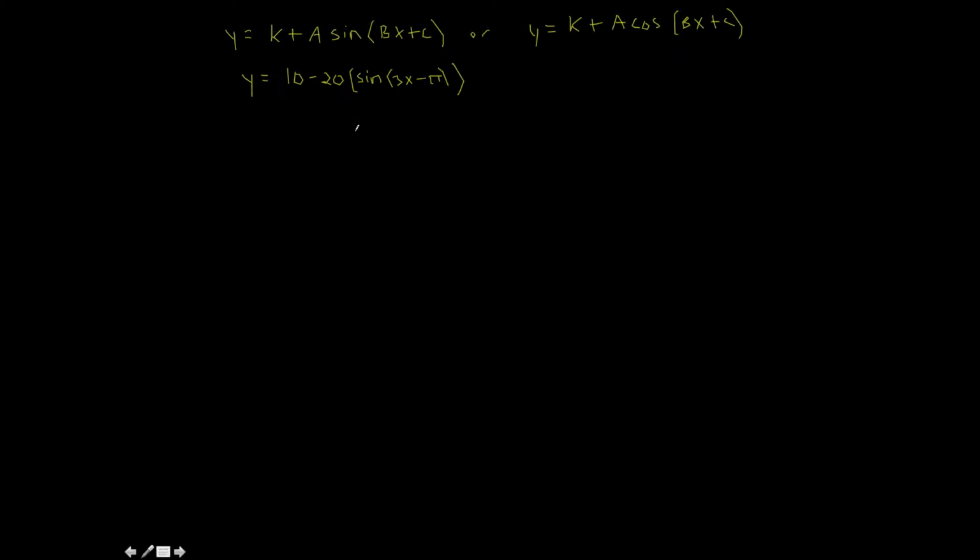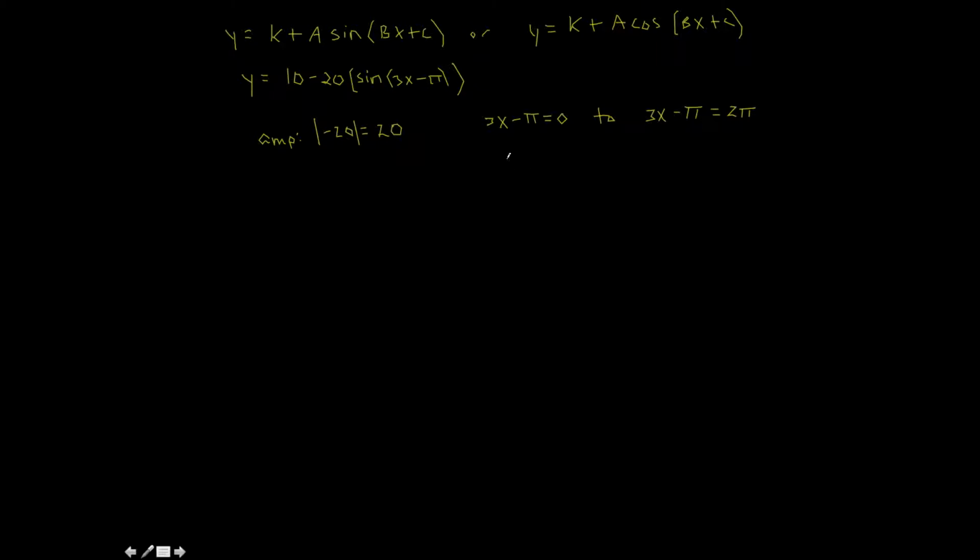Alright, so what is our amplitude here? Well, this is going to be the absolute value of negative 20, which is 20. Okay? Well, what is our period? Well, this is where, again, we have to take our bx plus c. Now, this is sine, so it's going to equal 0 and 2 pi. So we're going to take 3x minus pi, set it equal to 0, and 3x minus pi equals 2 pi.